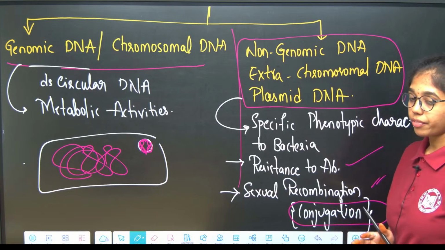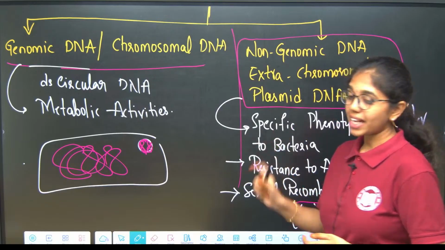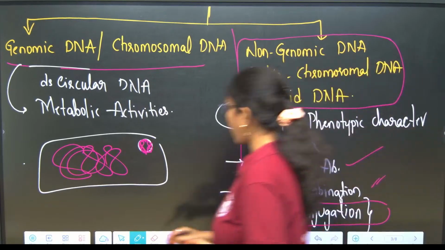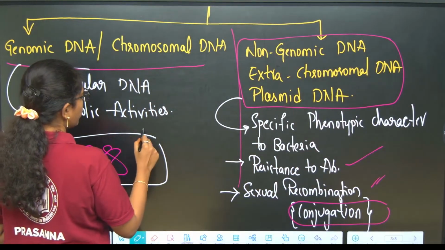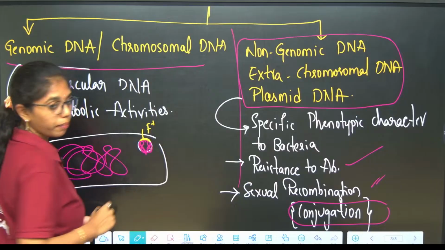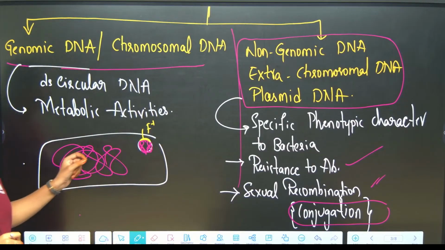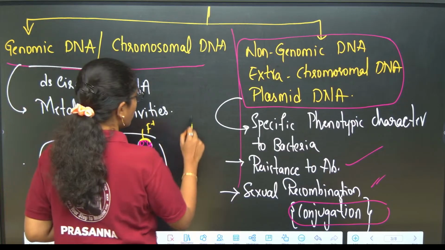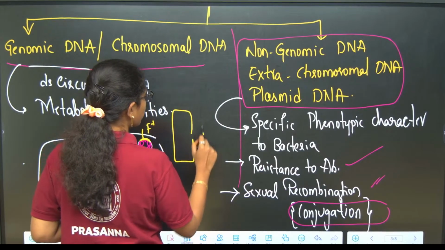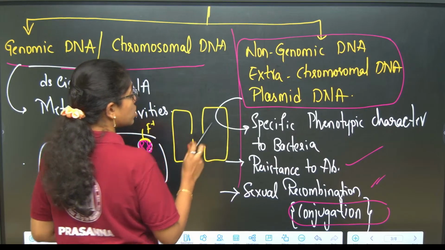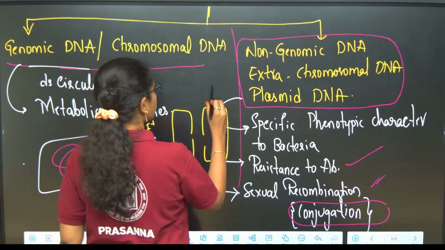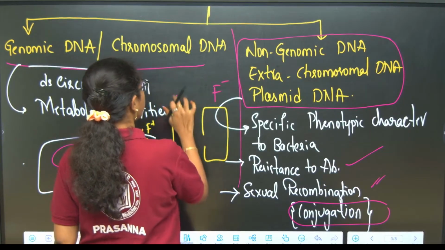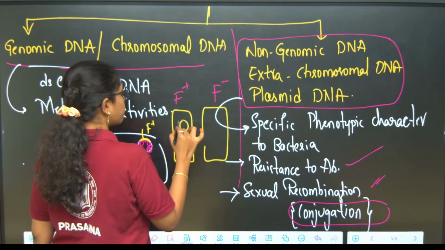How that will happen is, those plasmid DNA which has F factor are said to be F plus strain of bacteria. Those bacteria which have F plus strain will come in close proximity with those bacteria which do not have it. Those are called F minus, and the one which has it is called F plus strain.